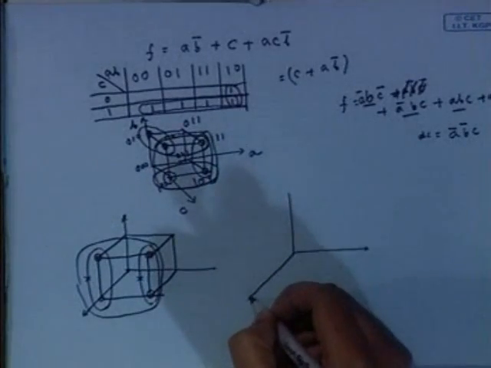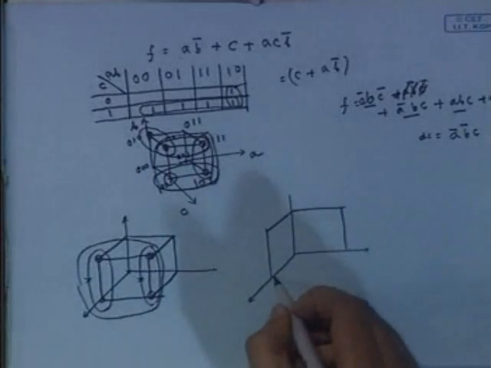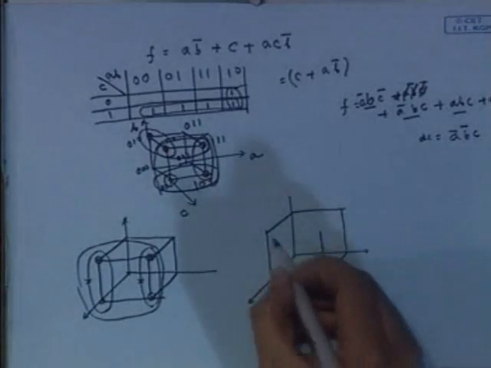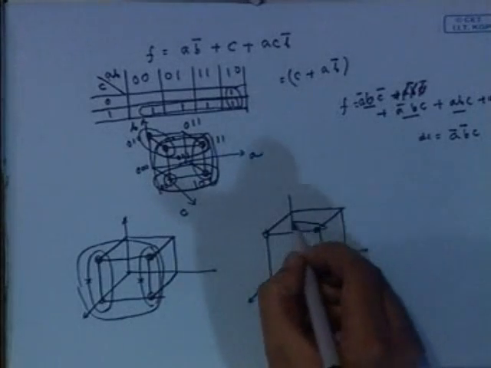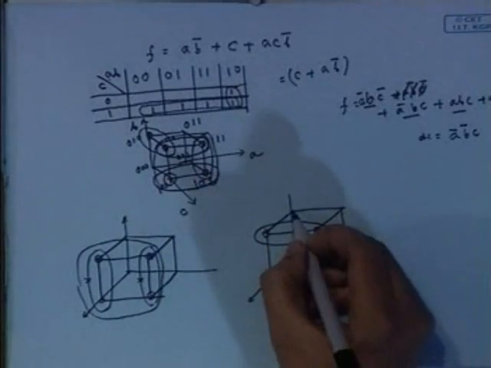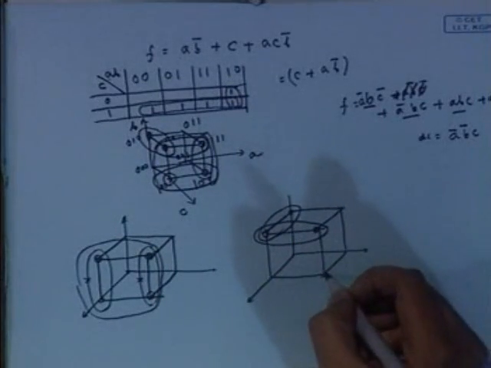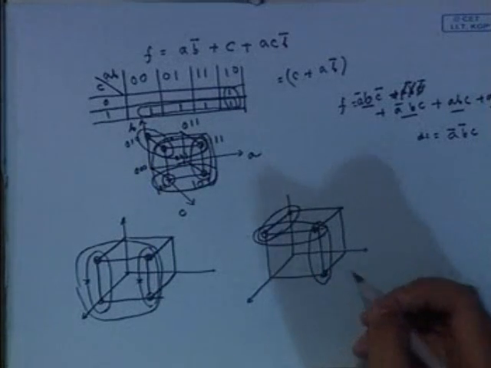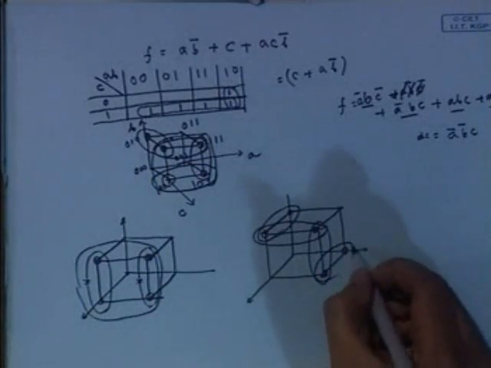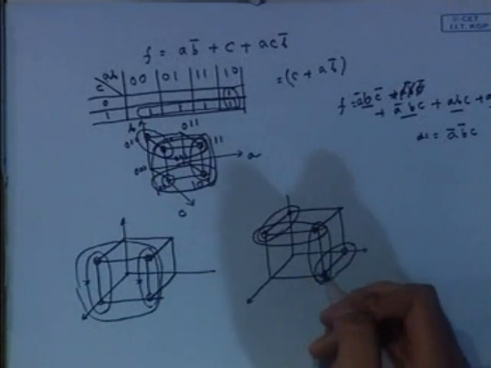I can take a better example. Actually, this example is not showing things properly. Suppose you have this encirclement, and this encirclement, and this encirclement, and this encirclement. These 4 encirclements are there for another function, suppose.